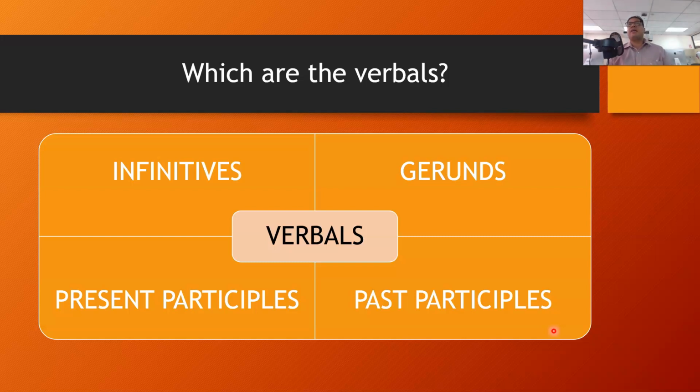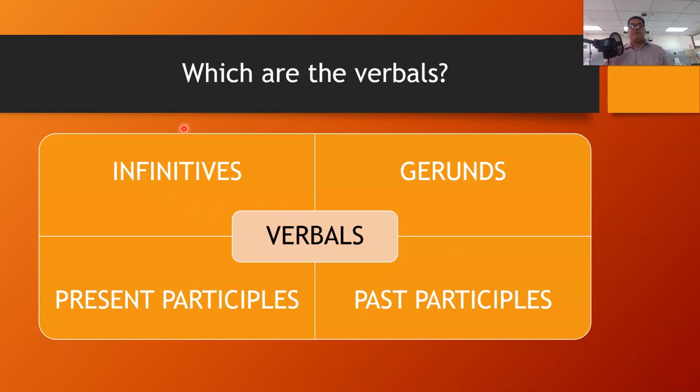Those are the four kinds of verbals. Other people who study verbals classify only three different classes. They say infinitives, gerunds, and participles, taking into consideration both present and past participles. For clarity, I have decided not to include the participles as one kind of verbal, but as two different kinds of verbals.